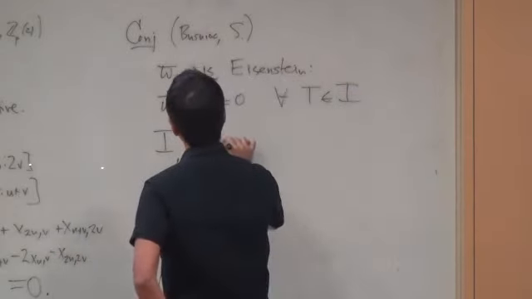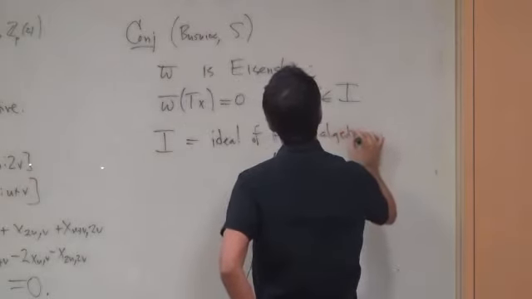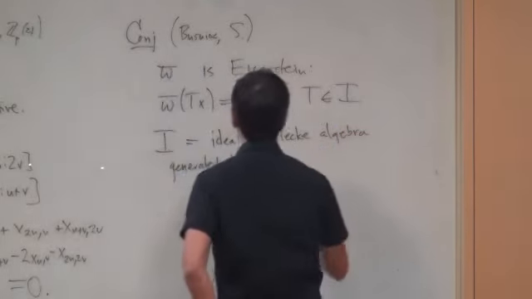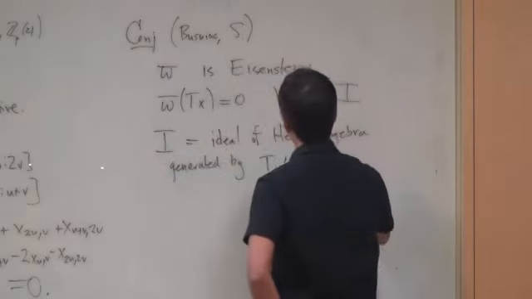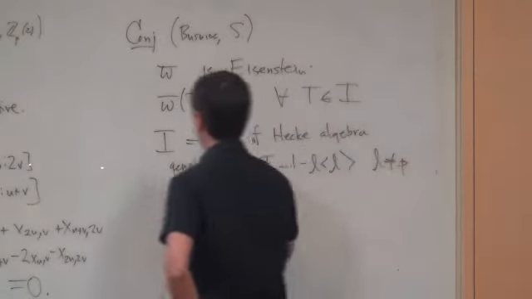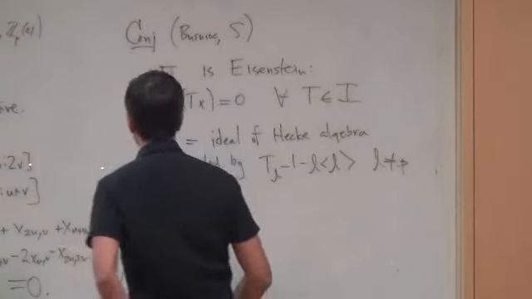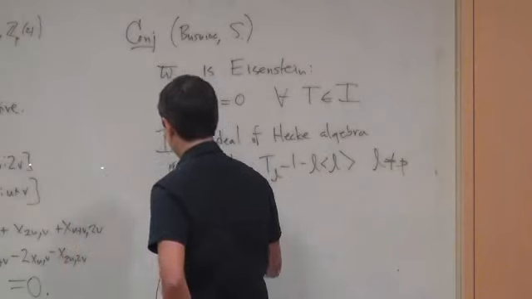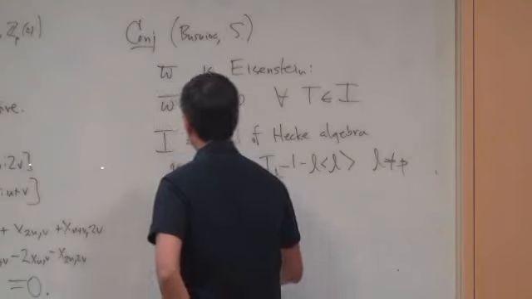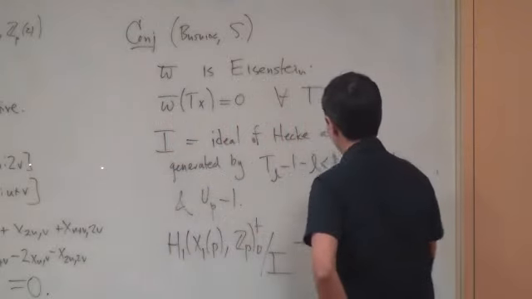So I is the ideal of the Hecke algebra generated by T_l minus 1 minus l diamond bracket l for l not equal to p, and U_p minus 1. Okay, so in other words, what we get is a map from H_1(X_1(p), Z_p) plus 0 mod I to H^2.